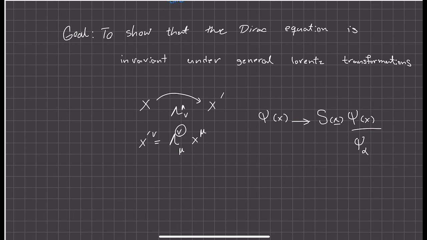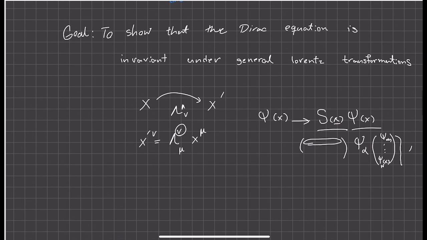So there is some alpha rows in psi of x, psi 0 of x to psi n of x. It depends which representation we are showing, the psi field or the Dirac field. But that S is also having a similar number of columns in one row. So if there is an alpha component here, there is an alpha component here for that S of lambda.